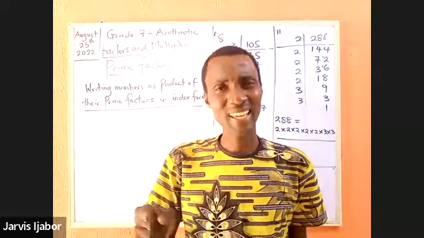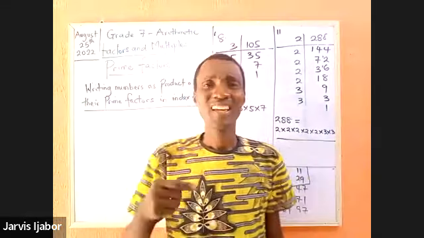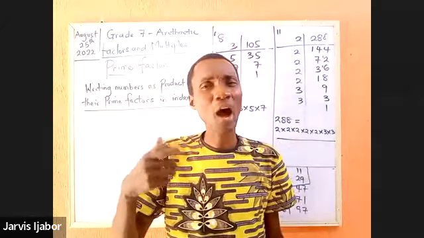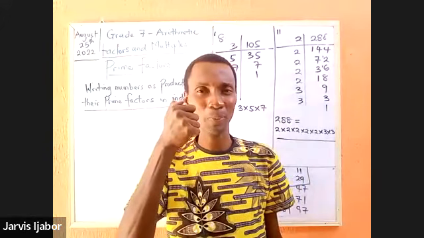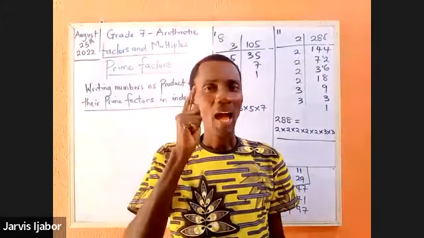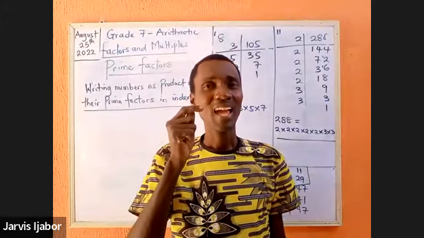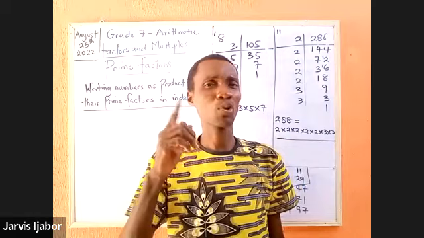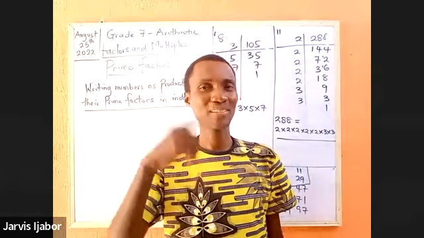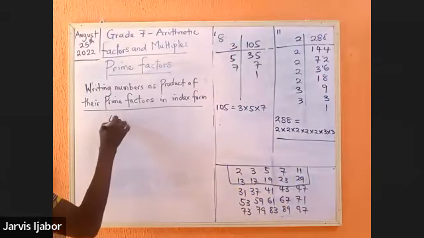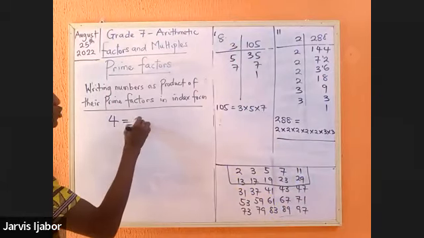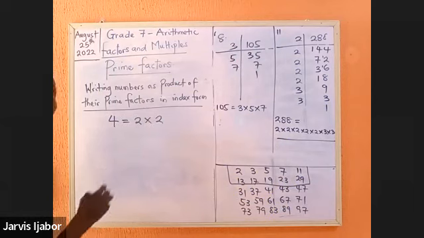So what's an index? An index gives us the idea of how many times a particular number is multiplied, or can be multiplied. For instance, if I have 4, 4 will simply be equal to 2 times 2, is that not?